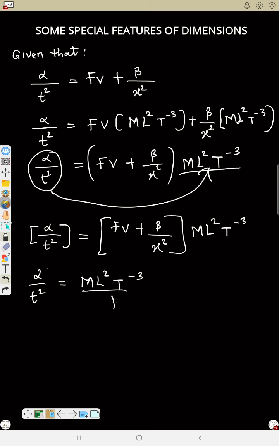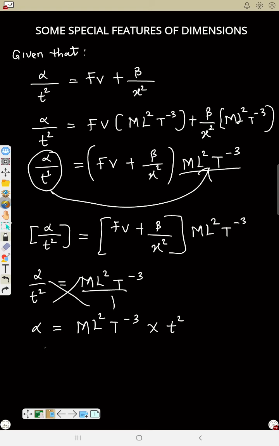That means the dimension of this is equal to the dimension of all this. So we cross multiply: alpha times 1, alpha, will be ml square t raised to power minus 3 times t square.